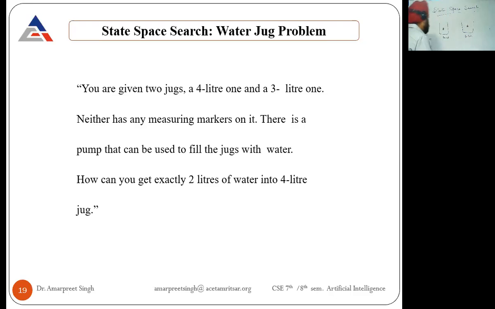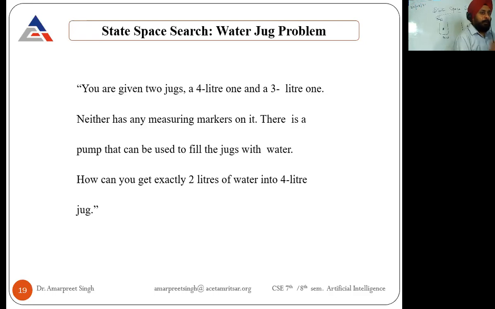But there is no marking on them. Also given is the availability of a tap or a pump from where you can pour water into these jugs. Whatever the initial condition may be, both jugs may be full or both empty. That is another case.